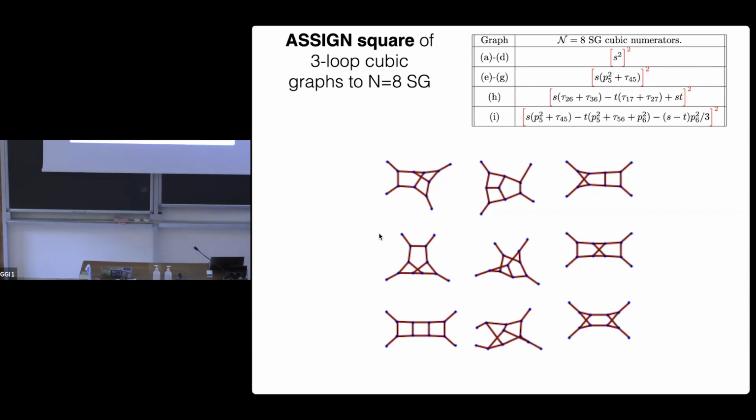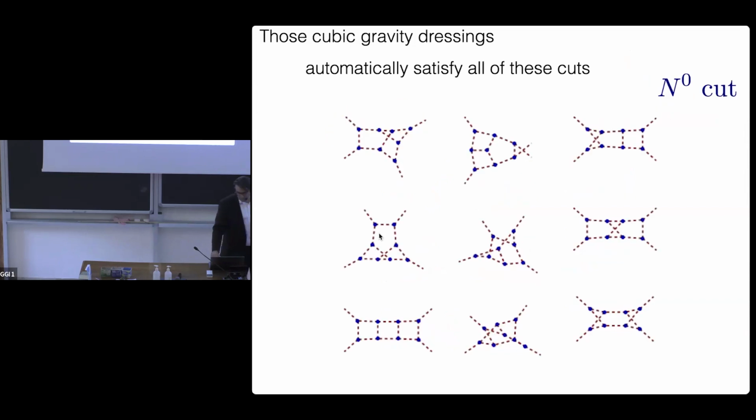We're just going to square these kinematic weights, assign them to our cubic graphs associated with the gravity theory. And this is just a starting point. We're not going to satisfy all the cuts if this is what we used. We don't have the right answer if this is all we used, right? Because our representation doesn't satisfy Jacobi. But for free, we satisfy all the maximal cuts.